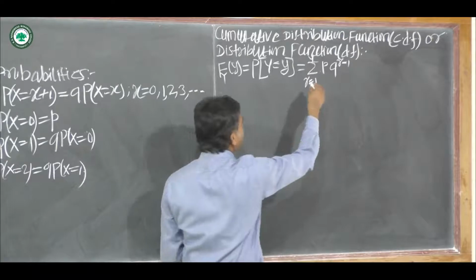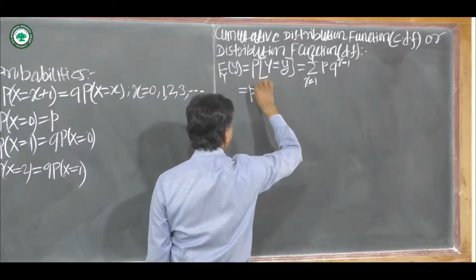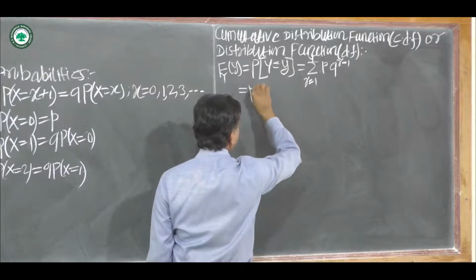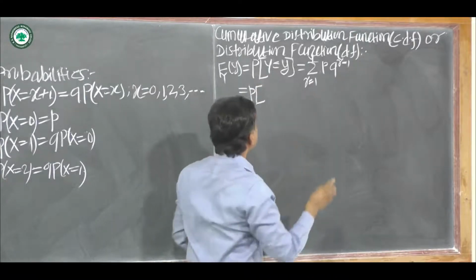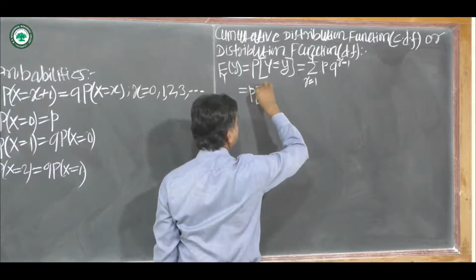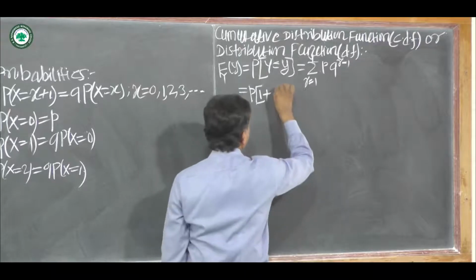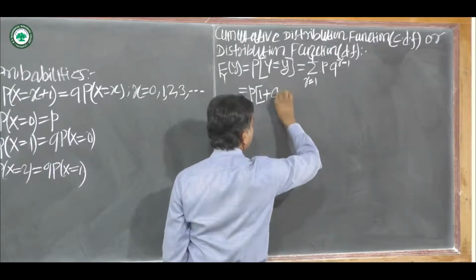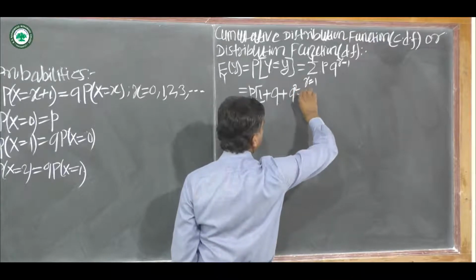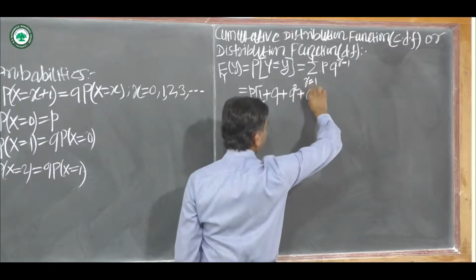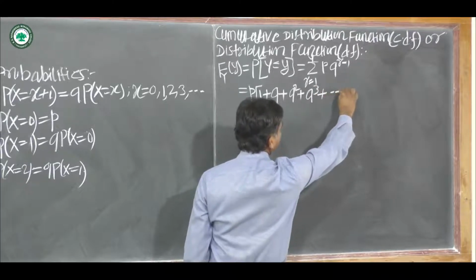Now, which is equal to p is constant, take it out of the summation sign, then write down the terms in the bracket. Put r equal to 1, then the first term is 1, then put r equal to 2, second term is q, then q square plus q cube plus and so on.